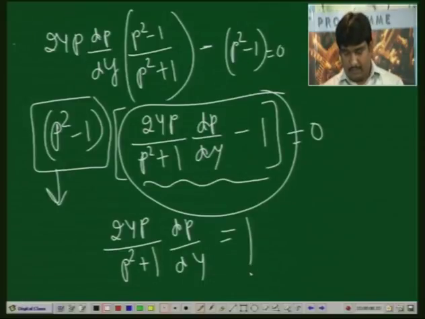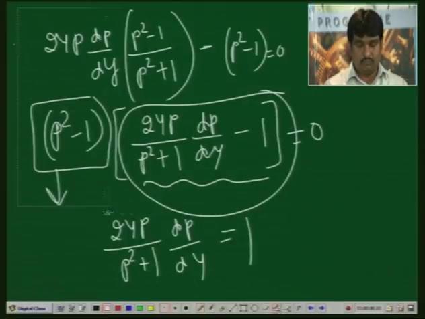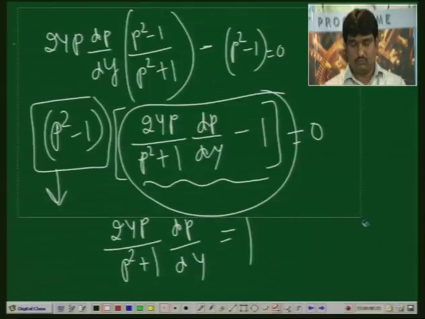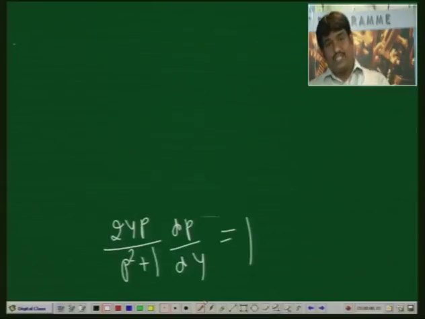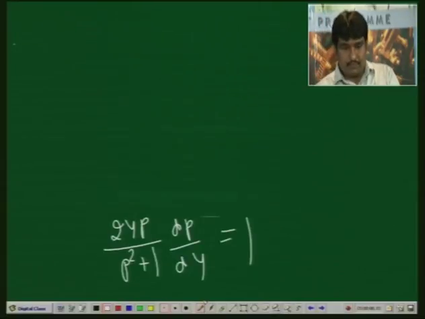Using variable separable technique, you can separate it easily. Separate the variables. You can write this equation as cross multiply. You transfer y terms to RHS.